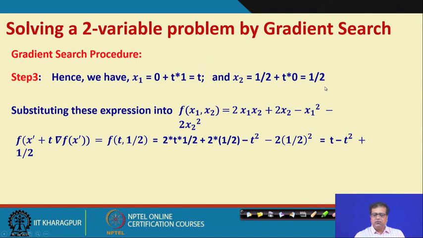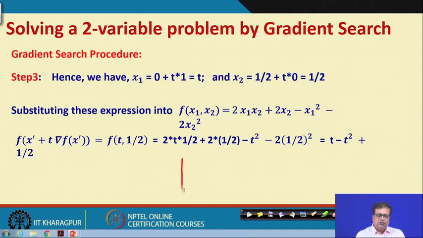What happened, if you recall, we started at the origin, we came to a point, and earlier we came in this direction, this was x 1 direction, this is x 2 direction. Now we are moving in the x 1 direction, although a little bit on x 2 also, because x 2 is half.